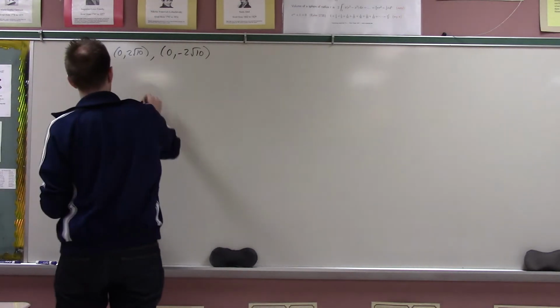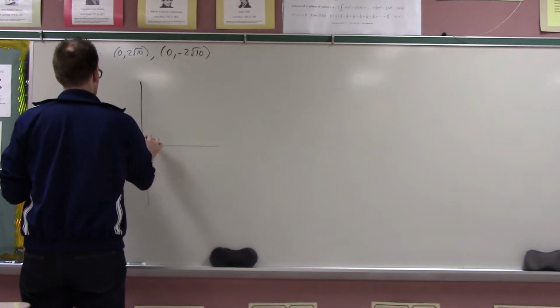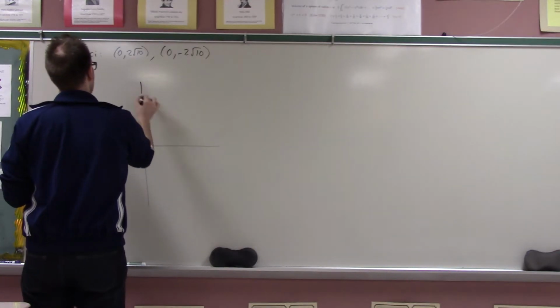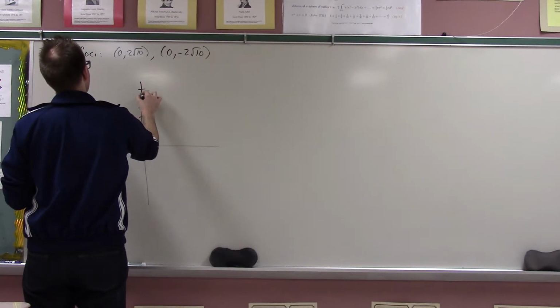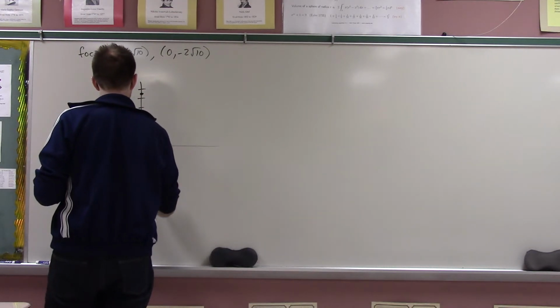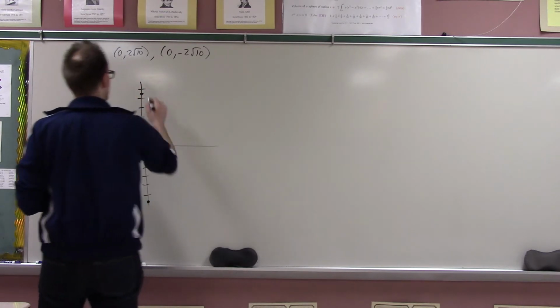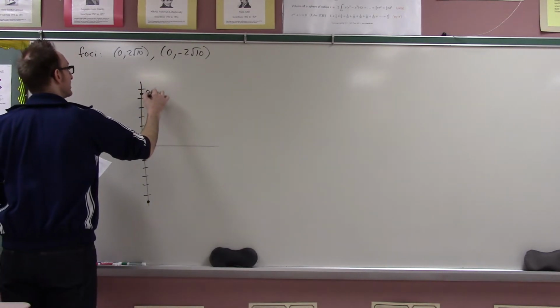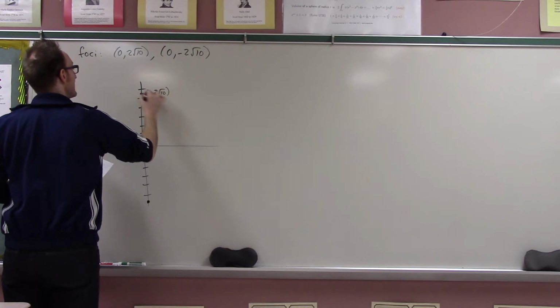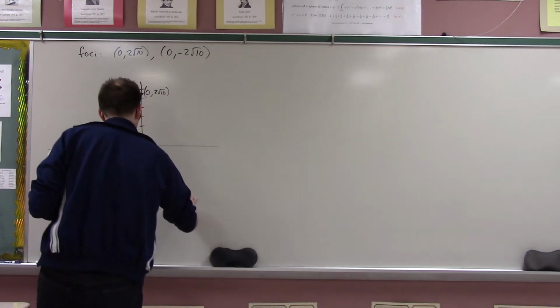Okay, so I can plot this: 1, 2, 3, 4, 5, 6, 7, so 6.5-ish. There's my one point. 1, 2, 3, 4, 5, 6 and some change, there's my other point, 0, comma 2 root 10, and 0, comma negative 2 root 10.